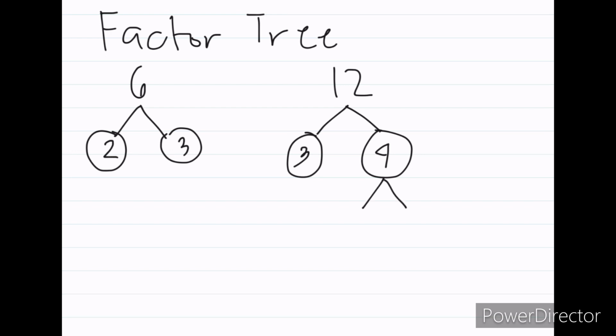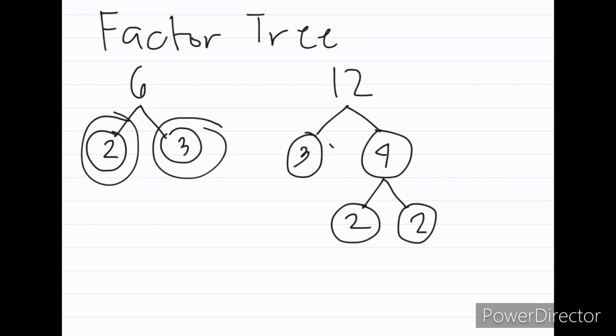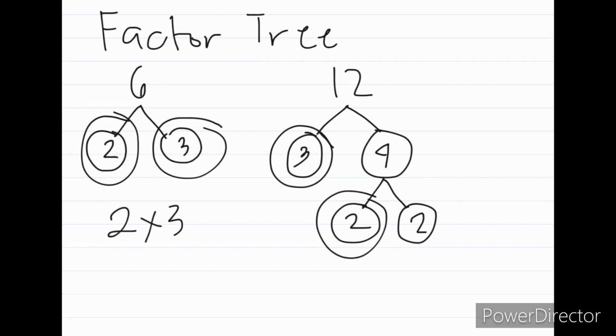Again, 4 is not a prime number, so we are going to find the factors of 4, which is 2 times 2. So again, try to look. There are two common factors between 6 and 12, the 3 and the 2. Here also, the 3 and the 2. So multiply 2 times 3 is equal to 6. Therefore, the GCF, or the greatest common factor of 6 and 12, is 6.